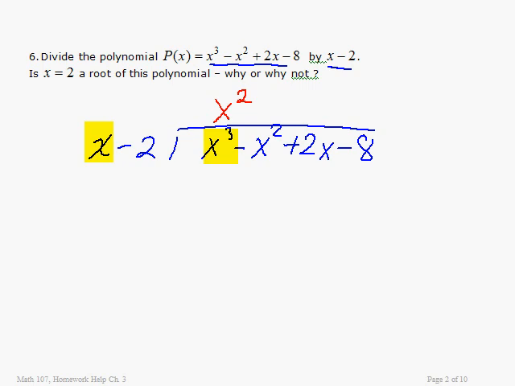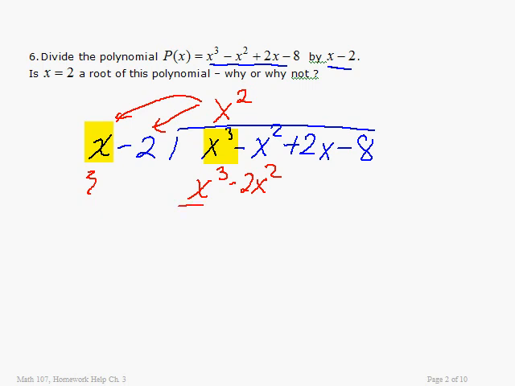Now that you've found the x squared, you have to multiply the x squared times everything. So x squared times x gives me x cubed. X squared times minus 2 gives me minus 2x squared. So you find the x squared based on this term, but once you get to use it, you have to use it on both of these.